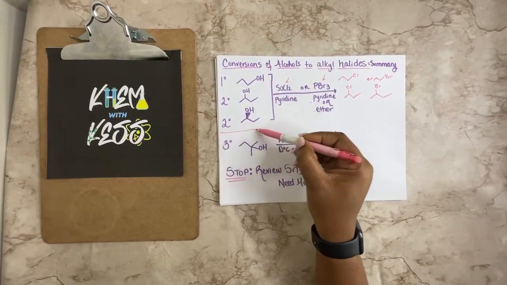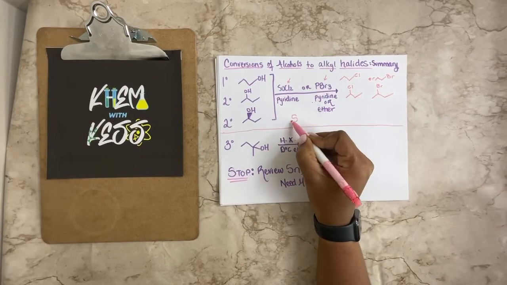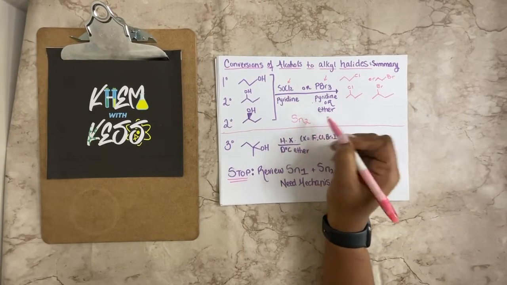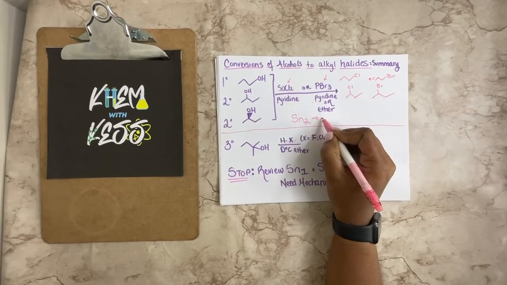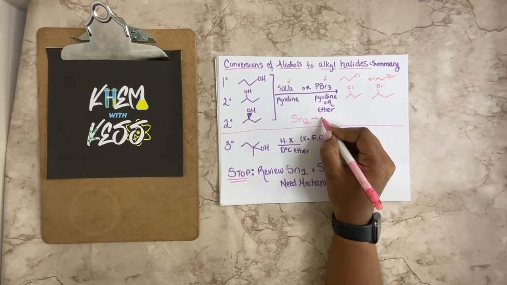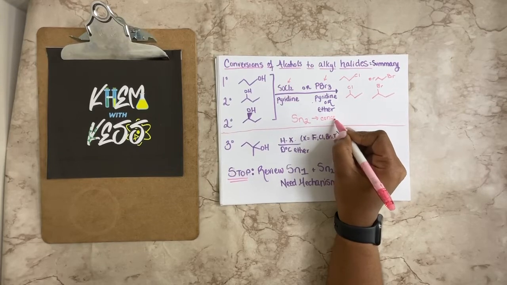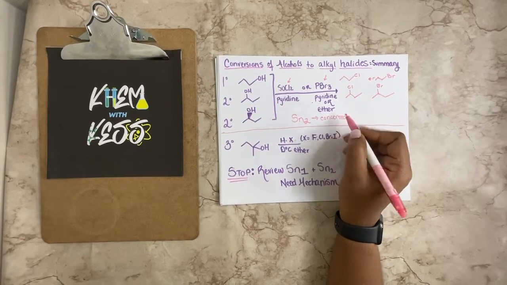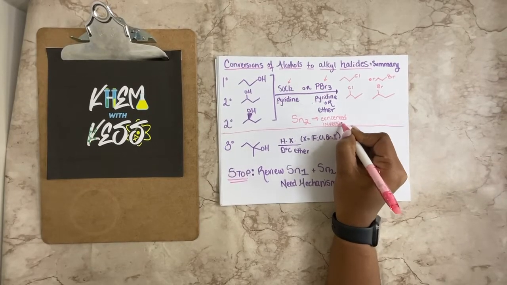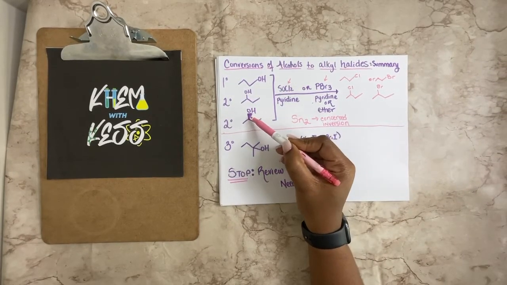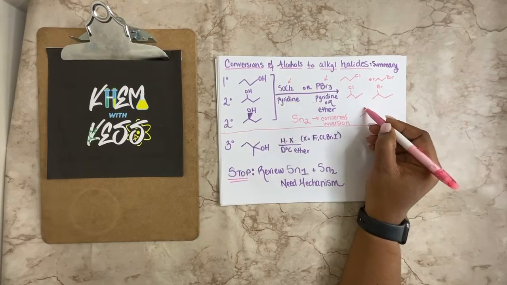So for primary and secondary alcohols, they will go through an SN2 reaction, which you have to review, but in summary, this one goes through a concerted mechanism, and it causes inversion of stereochemistry, which means if I start off with something that is wedged, in my final answer, it will end up as dash.